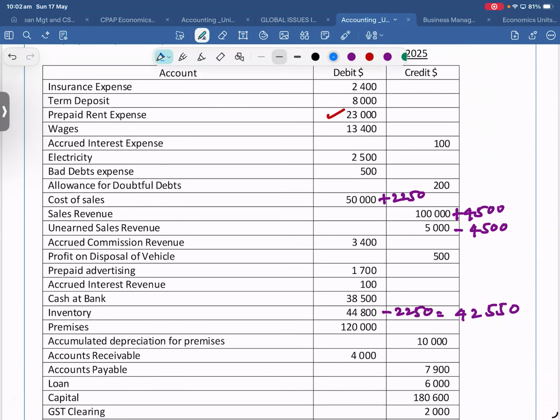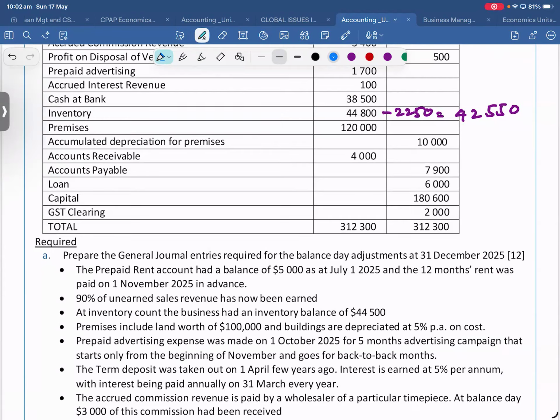Because land is not depreciated. Remember when we did depreciation, we said that land is not depreciated. Usually, rather, it is appreciated. But we don't do it here. We see that in uni, if you do accounting. We don't do appreciation, guys, but we do depreciation. So then how much is the building? 20,000.